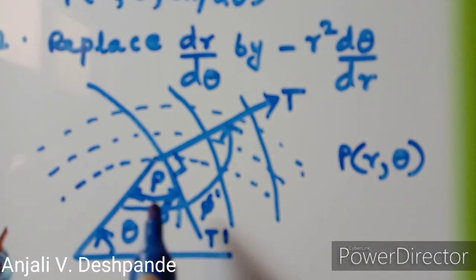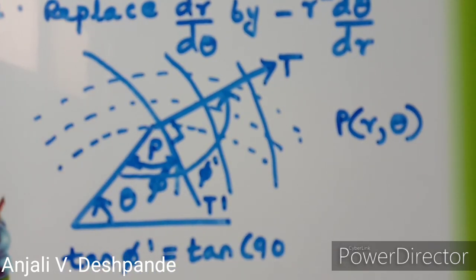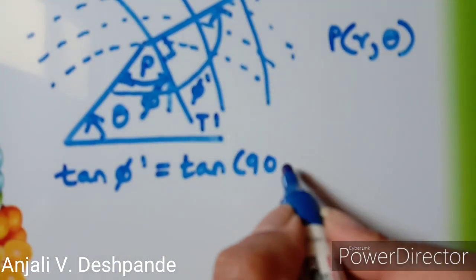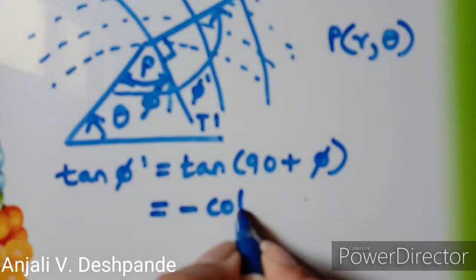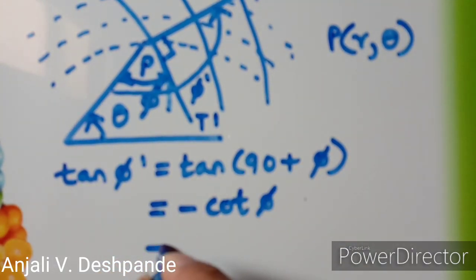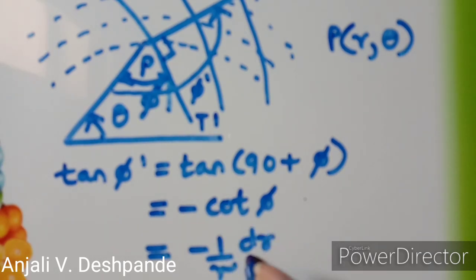So for this given curve through P(r, theta), tan phi is r d theta by dr. For the orthogonal trajectory through P, tan of phi dash will be tan of 90 plus phi, and this is minus cot of phi, which is equal to minus 1 upon r dr by d theta.